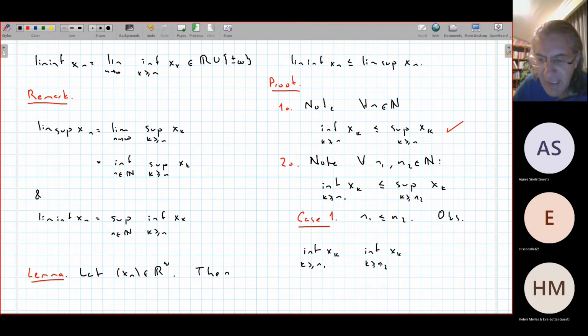Since we're supposing that n1 is less than n2, here we have fewer sub-indexes than here. And that's why this inequality is satisfied.